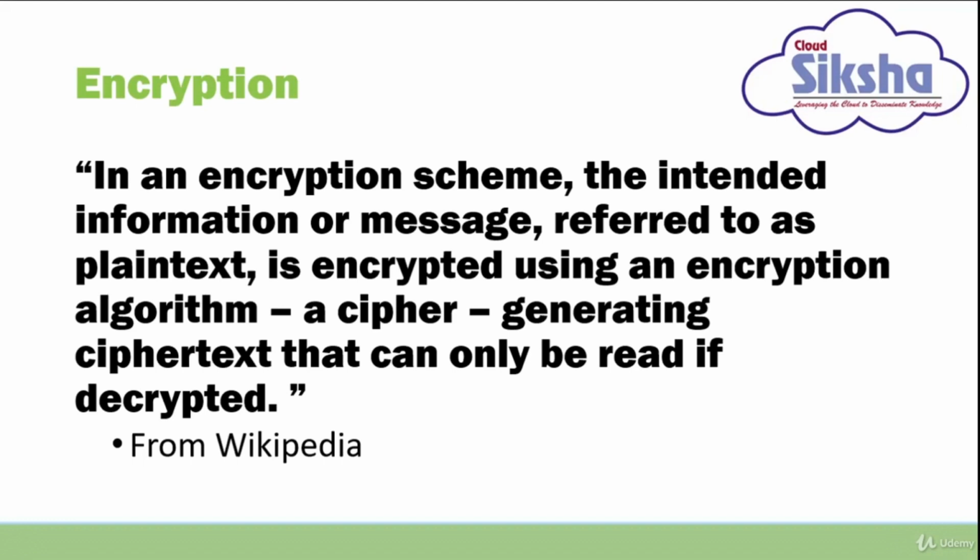The encryption algorithm is also called a cipher, and this algorithm, when run on the plain text, will generate what is called a ciphertext. The ciphertext is generally a meaningless string of letters and numbers, and if you want to read it back, you have to decrypt it so that you can read back the plain text.